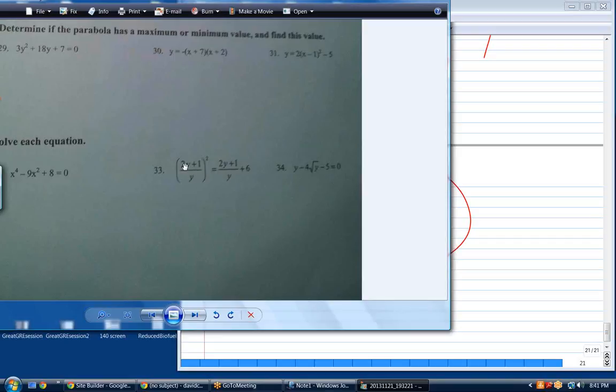If you didn't make it over y, you would not have a pleasant looking quadratic. You would have a bunch of u's and still y's. So you have to make it that middle term. That's what your u is, the middle term. That makes this thing u squared. So we would have u squared minus u minus 6 equals 0.